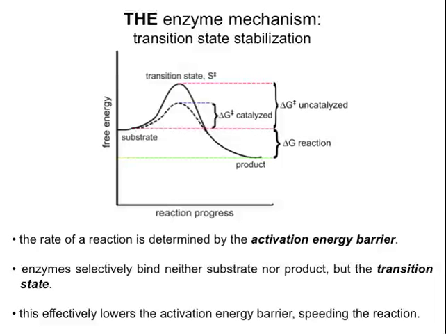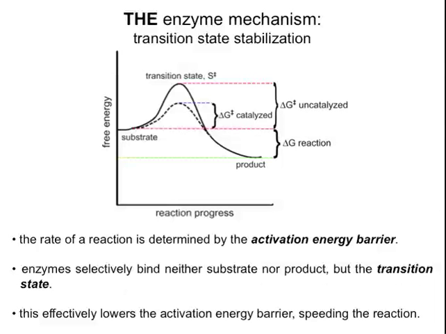So I'm making an assertion here, the second point, and maybe it's a little overstated, but enzymes selectively bind neither substrate nor product, but the transition state. So again, that may be a little bit too forceful of a statement, but the point that I'm trying to get at is that a good enzyme is going to bind and stabilize the transition state perhaps to a greater extent than either substrate or product.